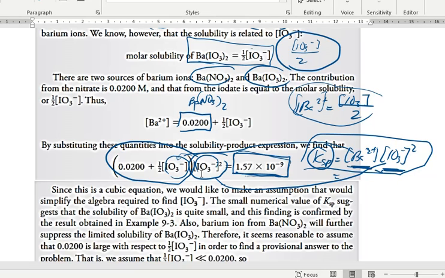That means these are very small values compared to 0.02. So we can neglect that value. The concentration of barium 2+ from barium iodate can be neglected because it's very small as compared to 0.02. This is just to simplify the algebra.